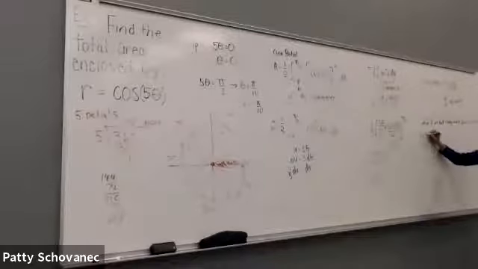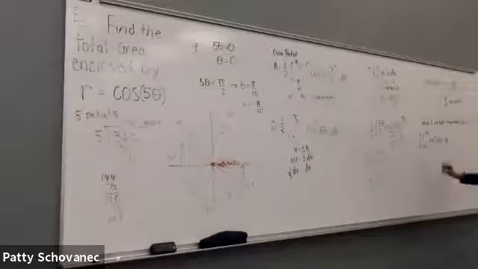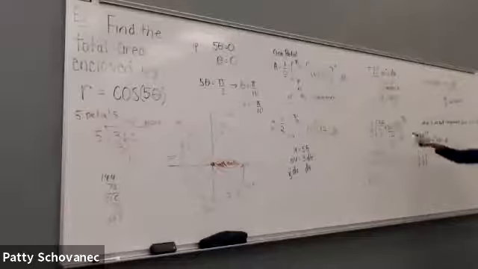I got 0 to 2 pi. I have the cosine squared of 5 theta. I still do this bit, so I'm going to get a 1/5 out there. So I'm going to have a 1/2 times 1/5 times, then I've got all this, 5 theta over 2 sine of 10 theta over 4.